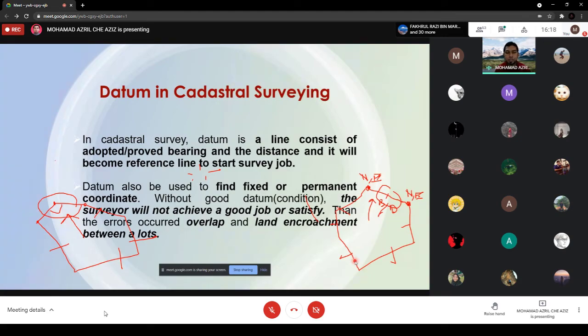You do the measurement, you have good data and a good reference, and at the end you will get a good result.